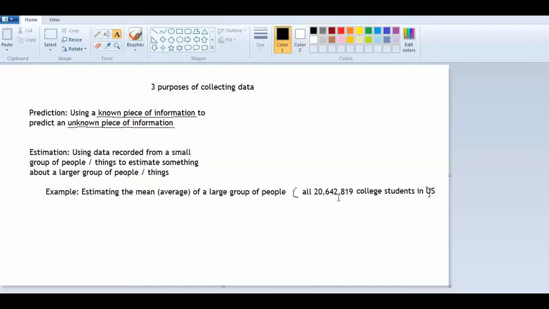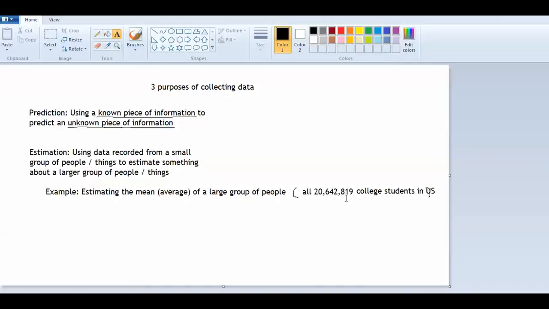Assuming you recorded each GPA correctly, that would give you the exact average that you're looking for. But that's probably not possible because you either don't have time to record all of these GPAs, or there's no way for you to contact all college students and ask them for their GPAs, or even if you could, it might be really expensive to do that.